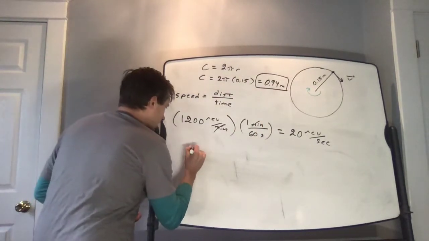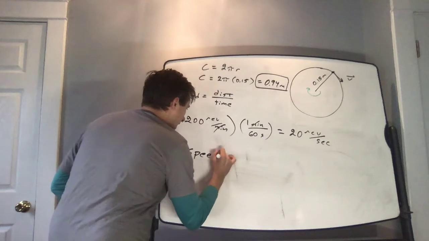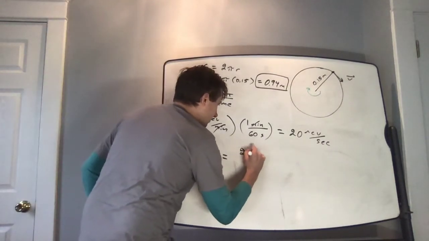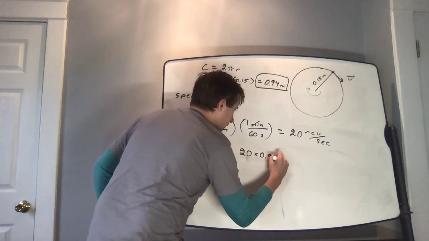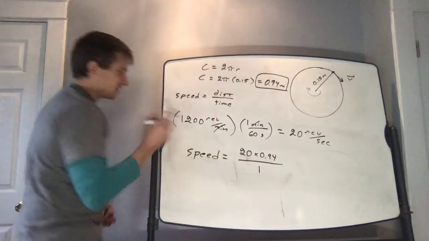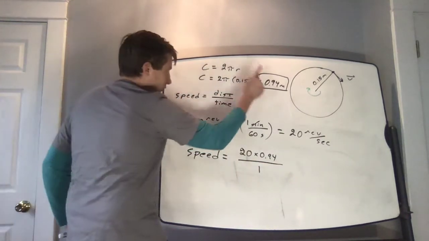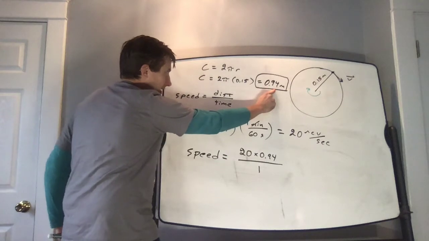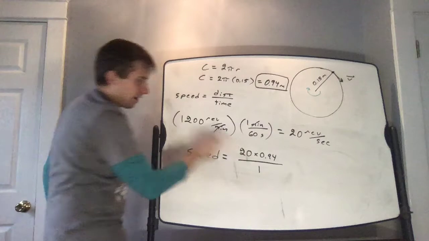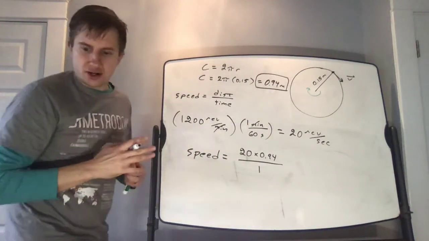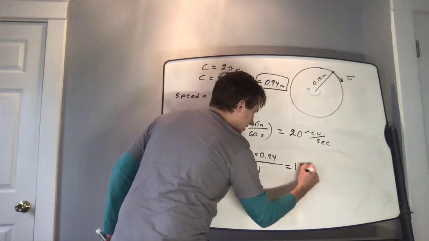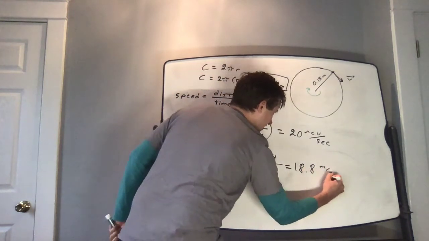So I could write the speed at which the fan blade is traveling would be 20 times 0.94 for a distance divided by 1 second. The fan blade will travel this distance once around the fan, and it will travel 20 times this distance around the fan every second. So I could put this number into a calculator and find the speed of the fan is going to be 18.8 meters per second.